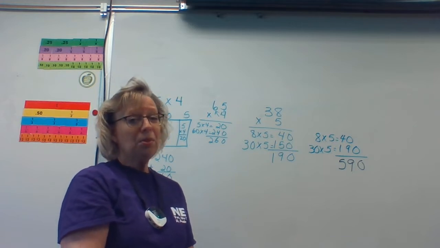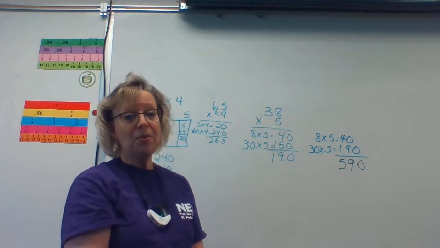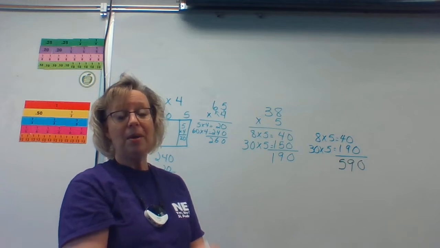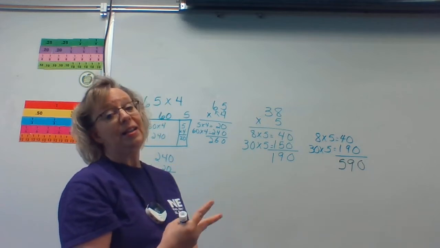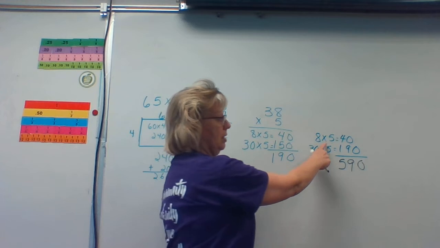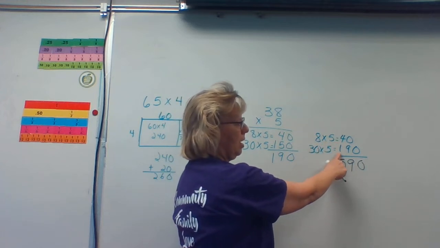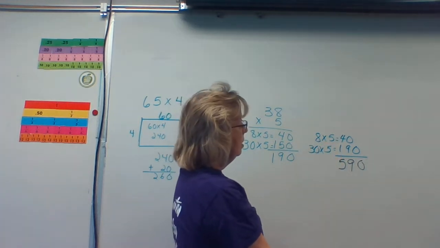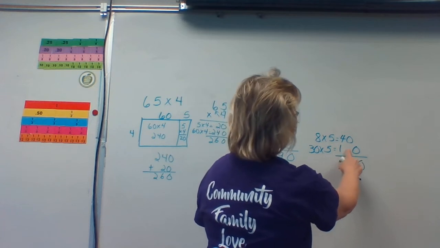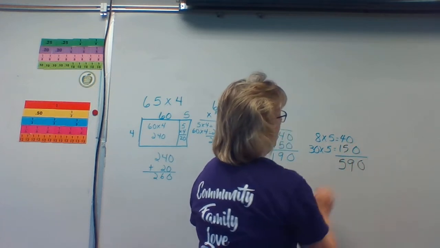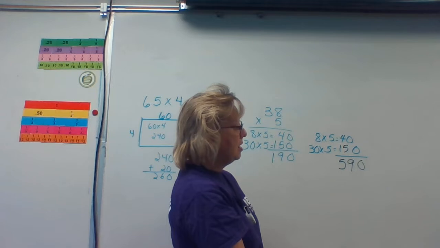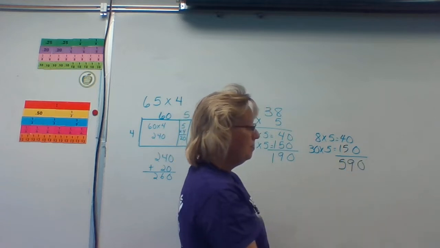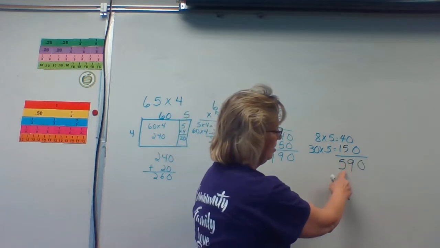See, so there's something to remember about when we do the numbers only model. We have to remember about place value and lining up our numbers. Because this number is really only 40, and when I came in with, should be 150 right here, sorry. If I came in with 150 right there, I'm not going to get the same answer, okay?